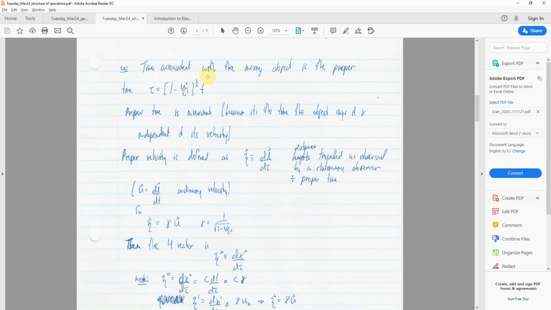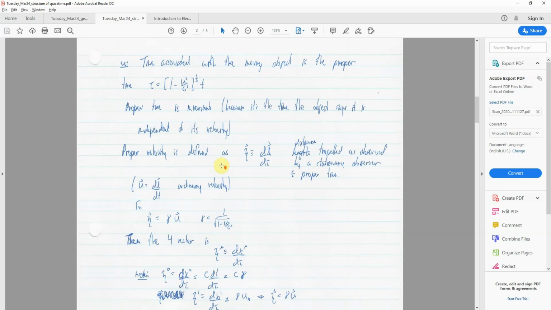We use this Lorentz transformation, 1 minus u squared over c squared to the 1/2, to give us this proper time. Proper time is invariant because the time that the object says it is is independent of its velocity. It's the time that you have in that object.